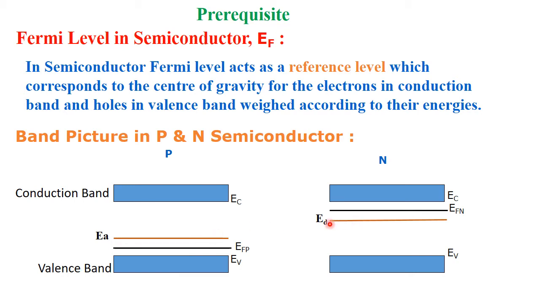And in donor atom also, here in N-type we get a single energy level corresponding to the donor impurity atom, because the doping level is very less.